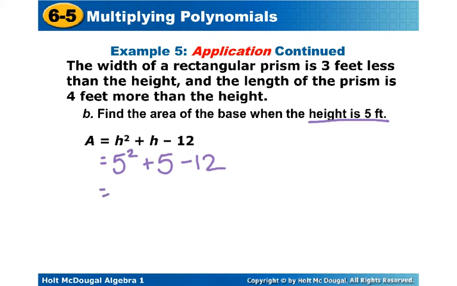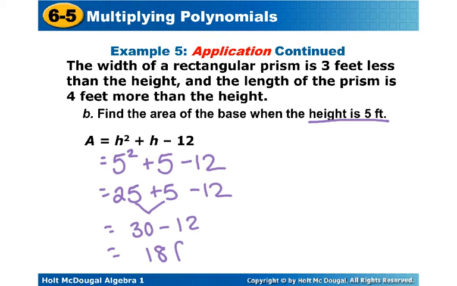Well, 5 squared gives me 25 plus 5 minus 12. 25 plus 5 is 30. 30 minus 12 now is 18 feet squared, since I'm talking in terms of area.